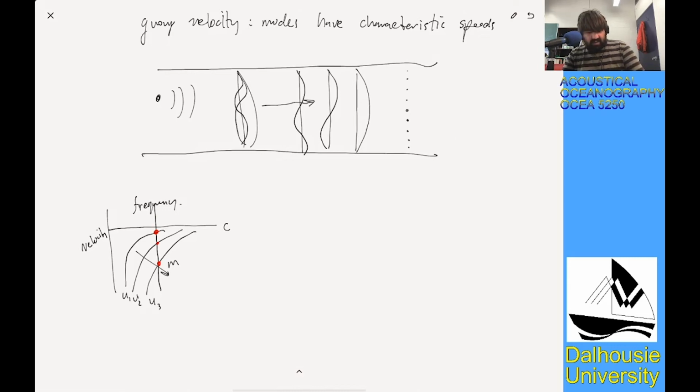And so now if you just have one receiver here, you're going to see those modes arrive. If we just talk about a time signal, you might see mode 1 arrive, mode 2. Well, I've already made some assumptions here. Let's say all the modes are the same.